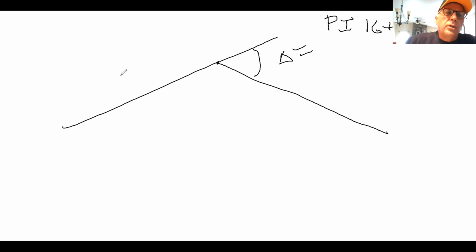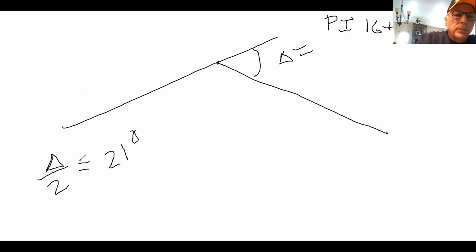If I divide it by 2, my delta over 2 would be equal to 21 degrees, 48 minutes, and 10 seconds.